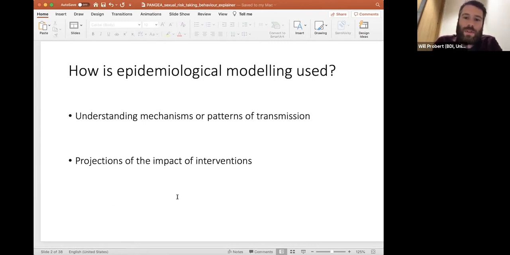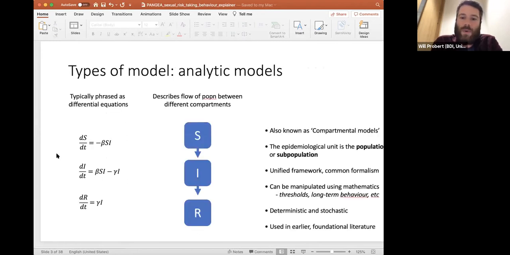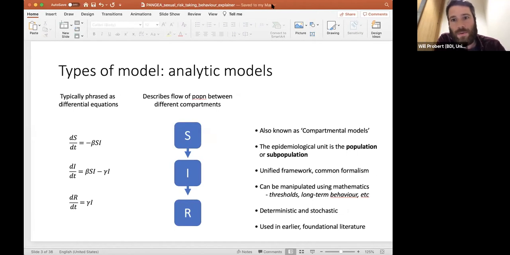And there are two broad styles of model. There's what I'll call analytic models, which are quite often called compartmental models, and individual-based models. Analytic models are typically phrased as differential equations.